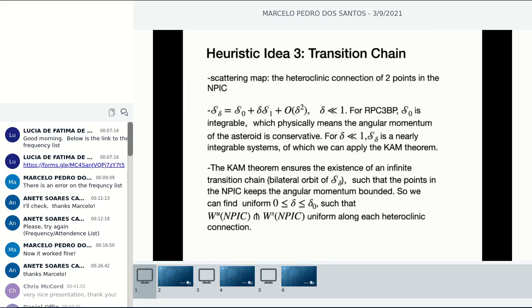So basically, once we get such an invariant circle, that indicates we get an infinite transition chain by the scattering map, because the scattering map will send any point on this invariant circle to this circle itself. So we can repeat infinitely many times, and that will decide infinitely many segments of the transition chain.